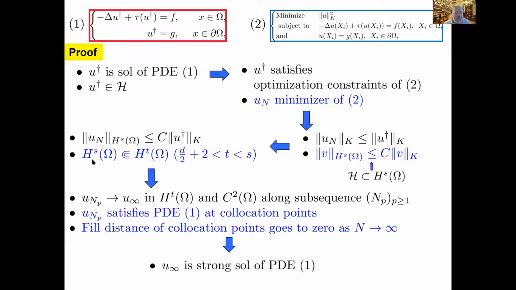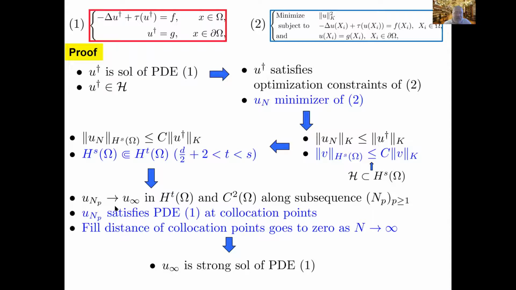Now, since the Sobolev space HS is compactly embedded in the space HT for all t smaller than s, we deduce that un converges towards some limit u infinity along a subsequence in HT and in C2.